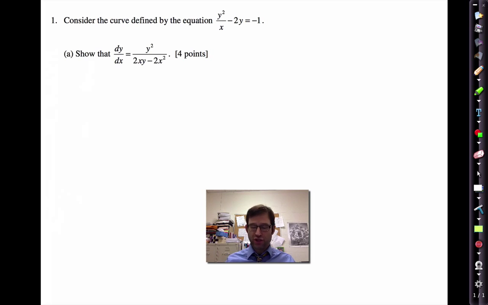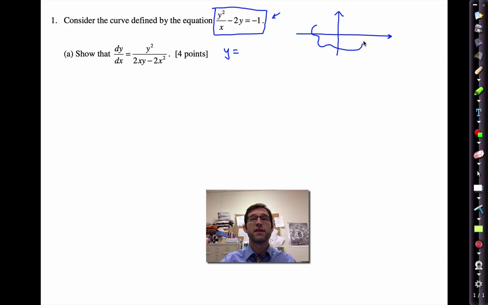All right, the first question was an implicit derivative question. It gave us a curve defined by this equation. One of the things that's really tricky about this kind of problem is that students struggle with the idea that if I give you an equation, whether it's in an explicit form or an implicit form like this one, it defines a set of points in the plane. It defines some set of points y versus x.